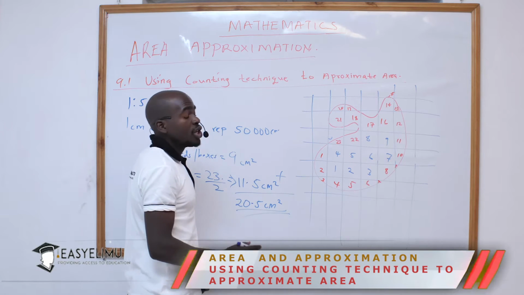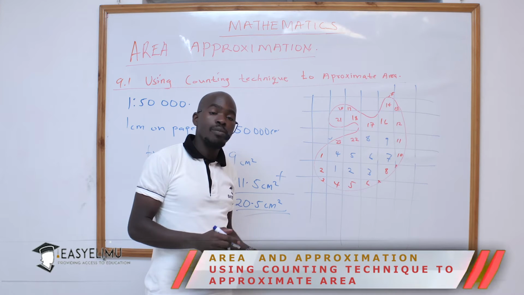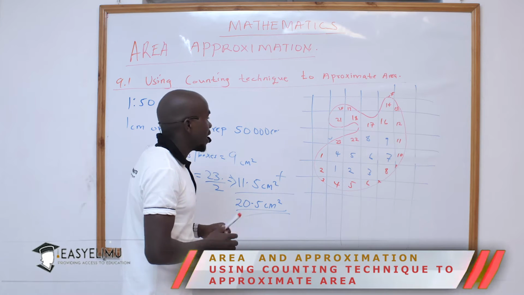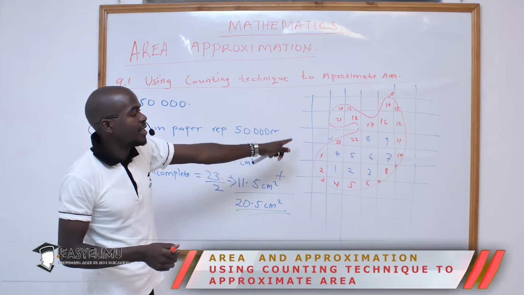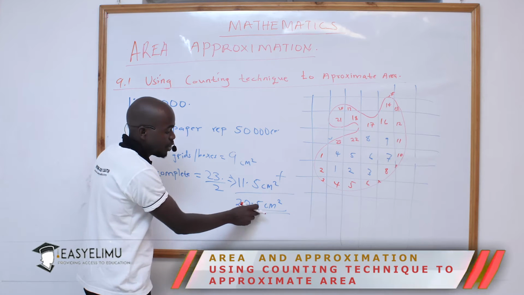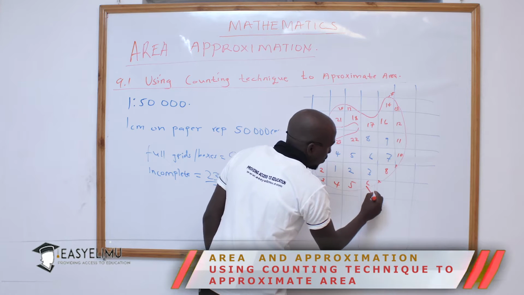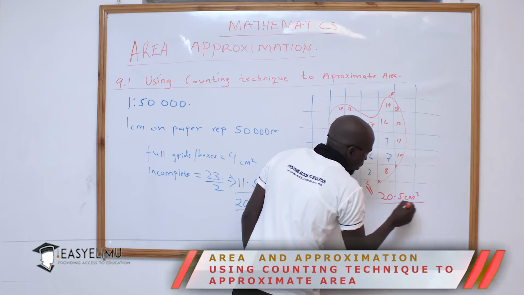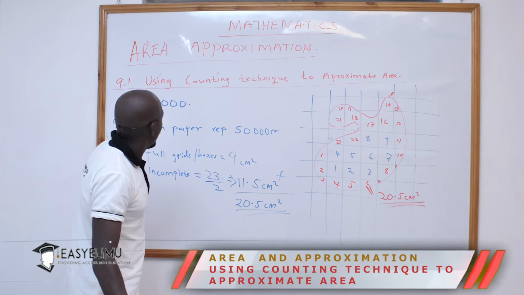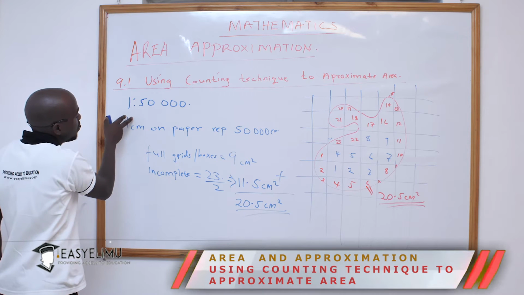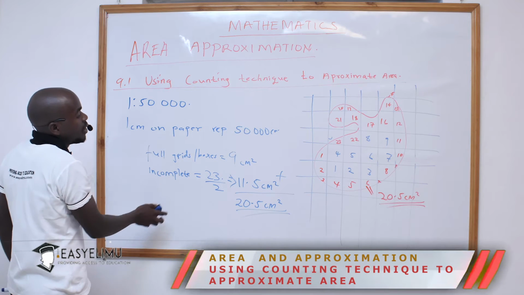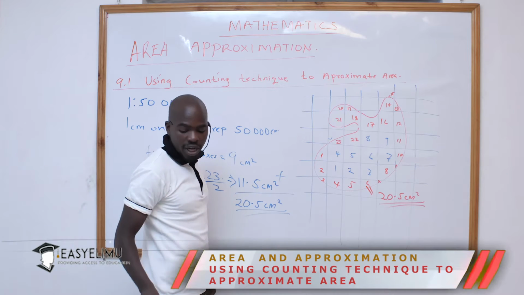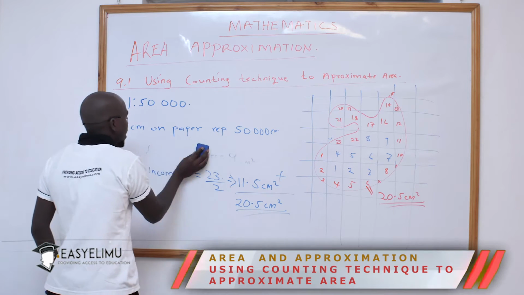Using what we have been provided, the area of that given figure is 20.5 square centimeters. But remember, we were informed that 1 centimeter on the paper represents 50,000 centimeters on the actual ground. What does that mean?